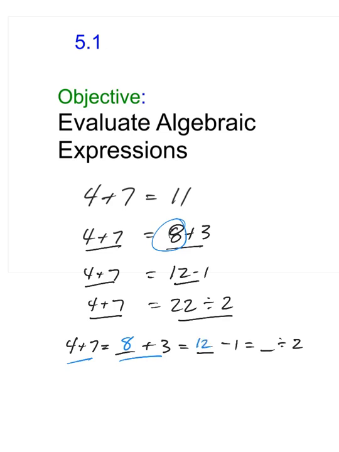And this also equals 22 divided by 2. Because 4 plus 7 is 11, 8 plus 3 is 11, 12 minus 1 is 11, and 22 divided by 2 is 11. These are all equivalent expressions. So this is equal to this, which is equal to this, which is equal to this. So ultimately, it's equal 11.